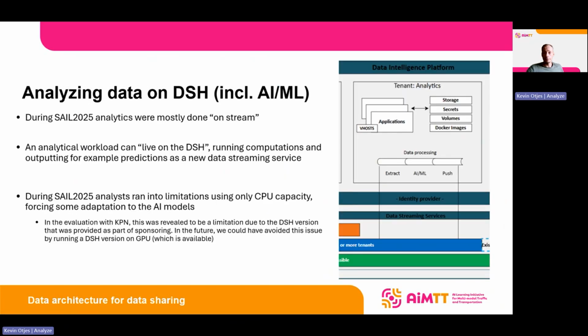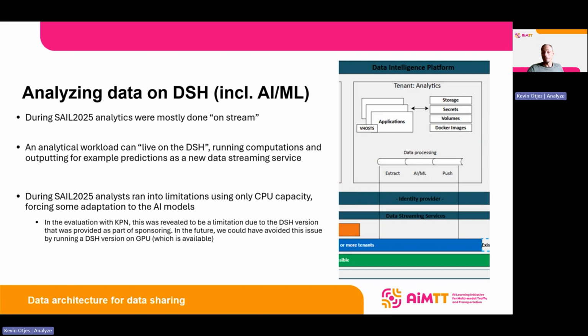For the analytics, we have some on-stream analysis that was run live on the platform, doing computations and outputting new predictions, for example, also as a streaming service that could be then used by others. And during SAIL, we ran into some trouble running the artificial intelligence models, which had something to do with the capabilities that were being used.